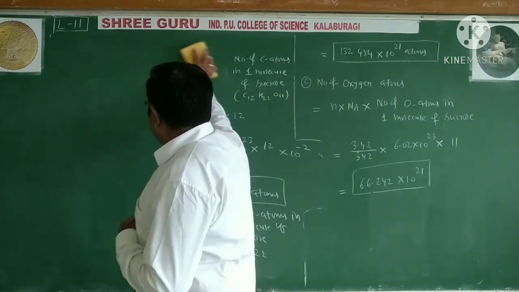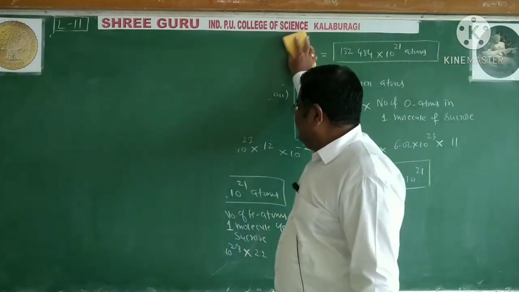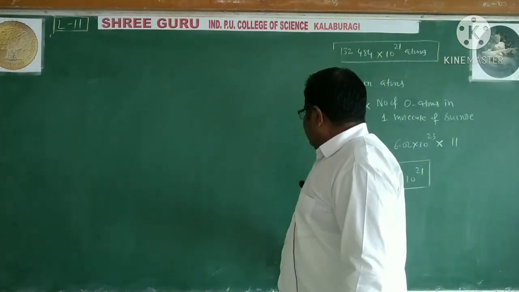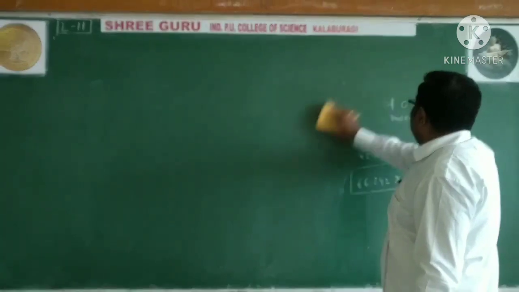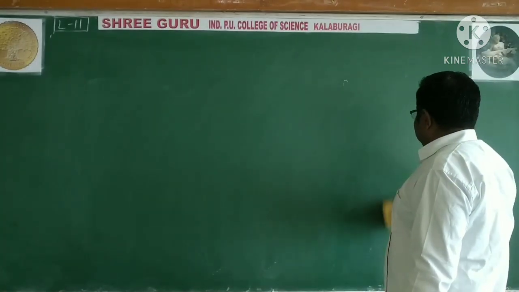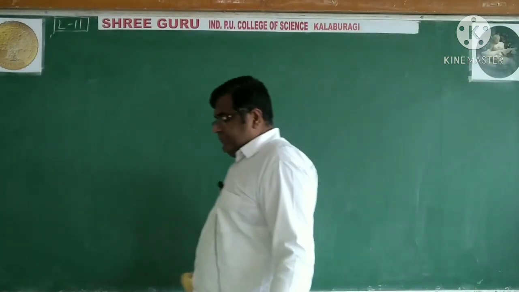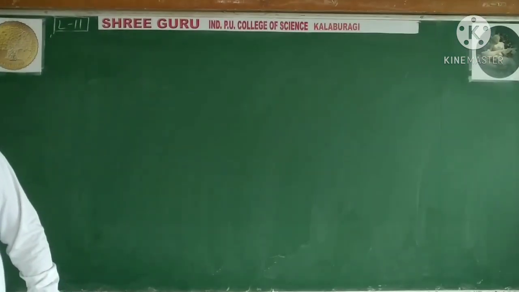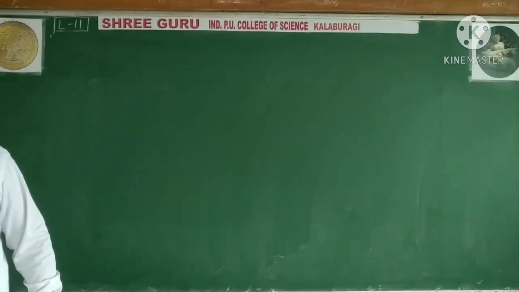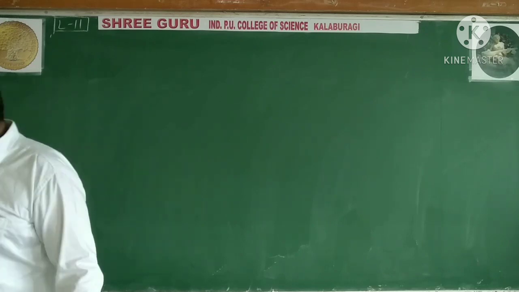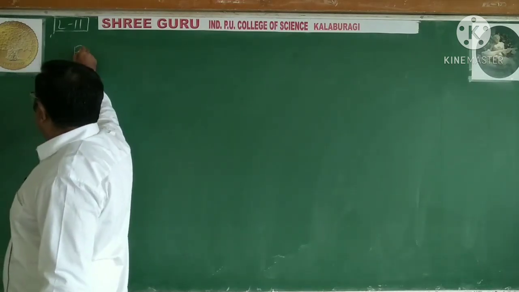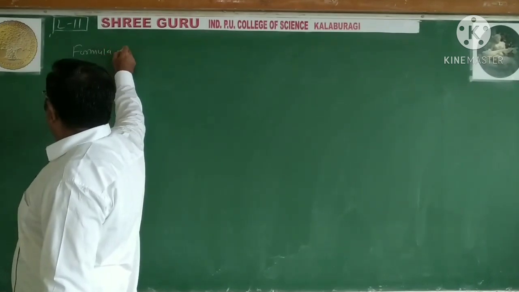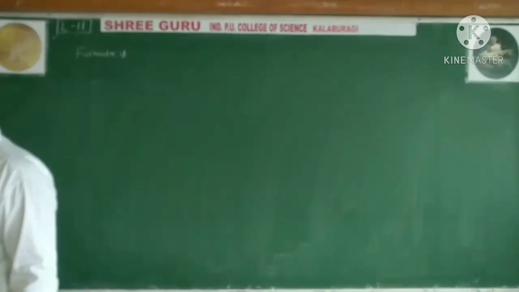Now we have to go ahead in the theory part. We have to learn about the empirical formula and the molecular formula of a compound. These are the two things, but before that we'll define what we mean by formula.